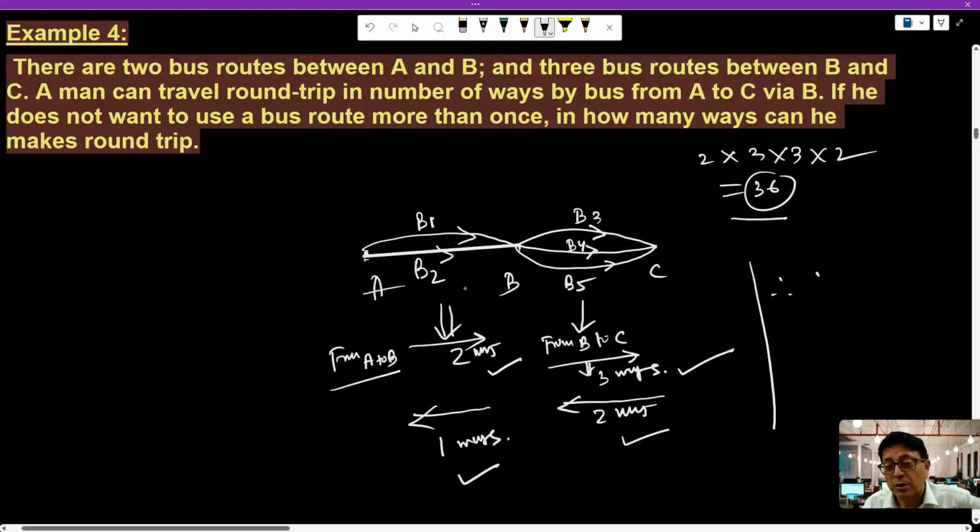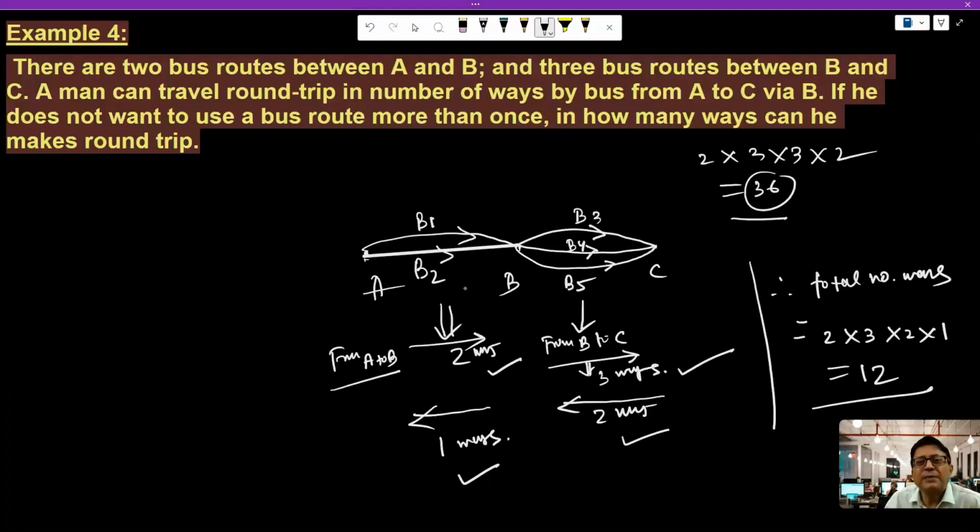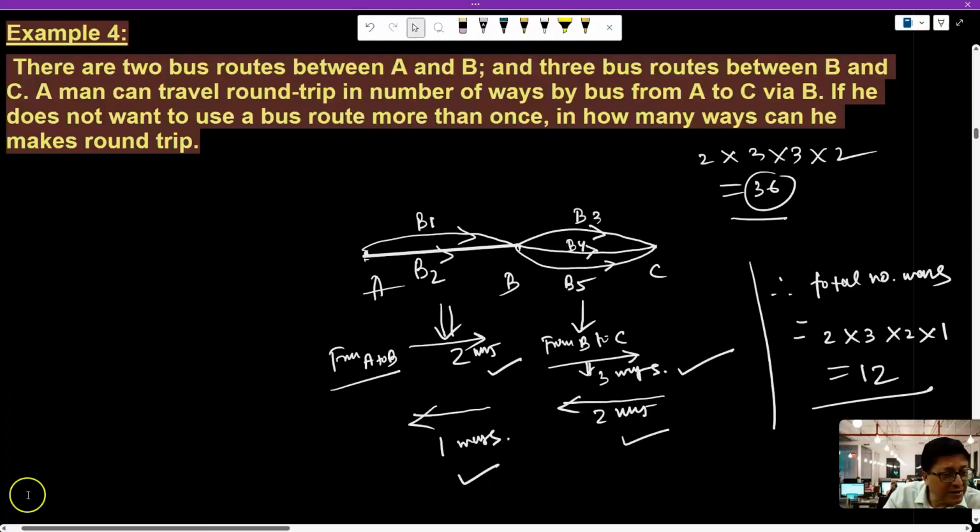So the total number of ways he can make the round trip is 12 ways. Obviously, it is going to be reduced. It can be done in 12 ways. Clear? Hope you understand.